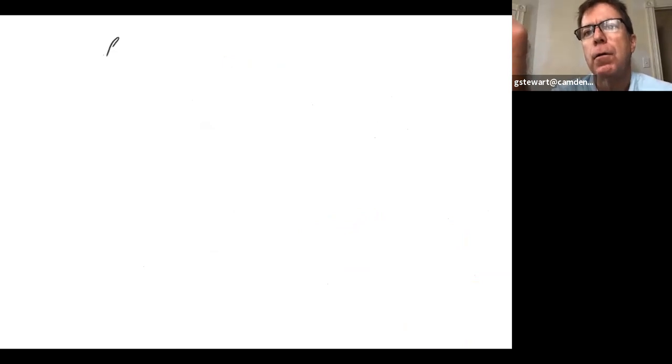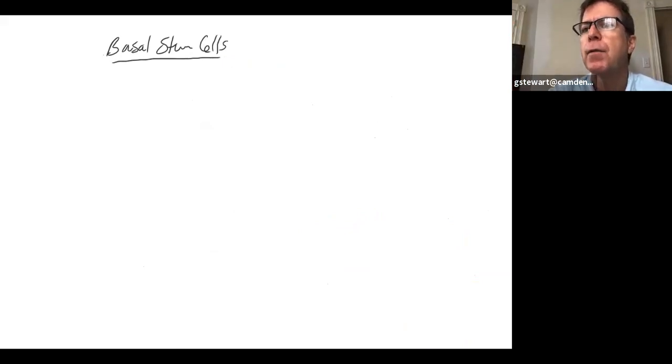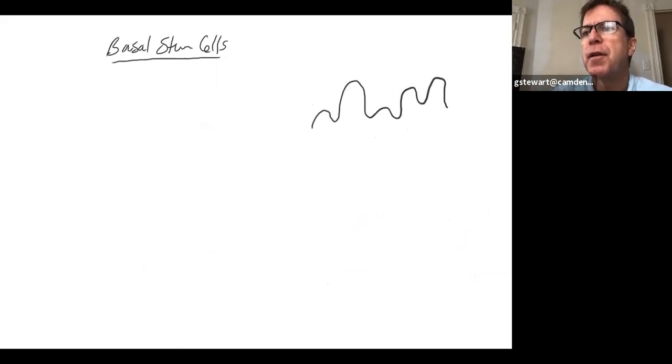So let's explain basal stem cells first. At the base of this wavy line, which is the deepest part of the epidermis, we have, I'm going to draw clear, actually white cells in fairly great numbers. Remember, it's not very thick, it's just 1 to 2 cell layers thick.